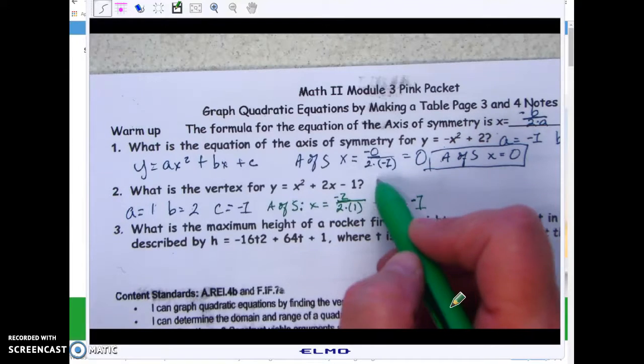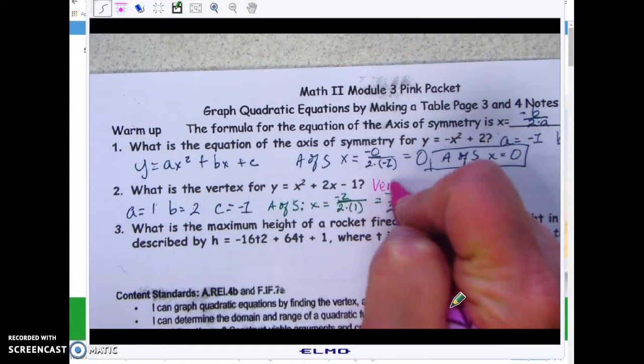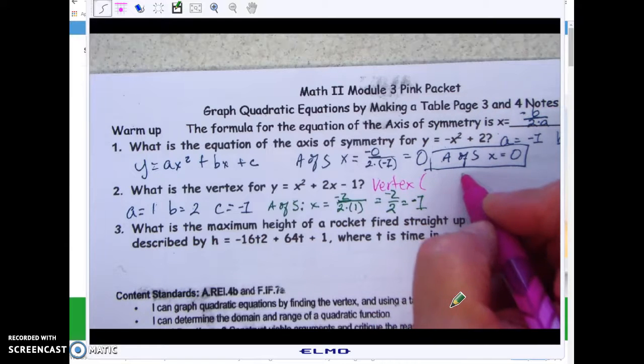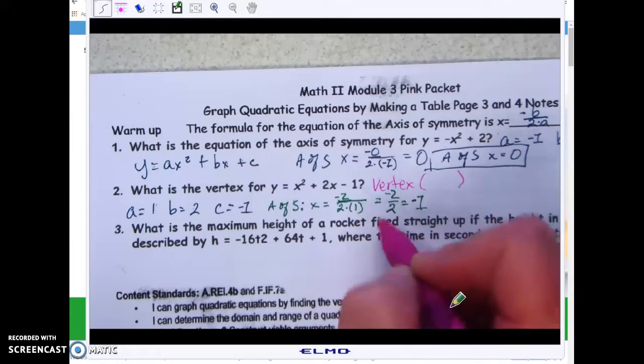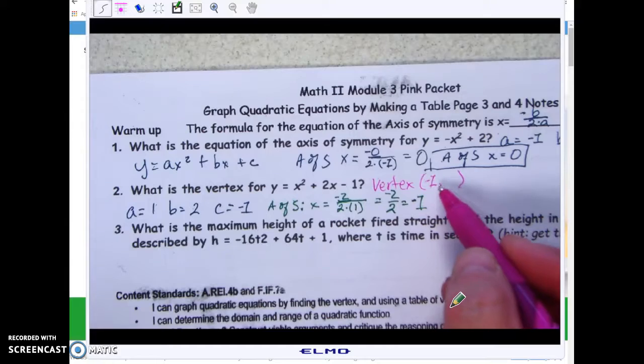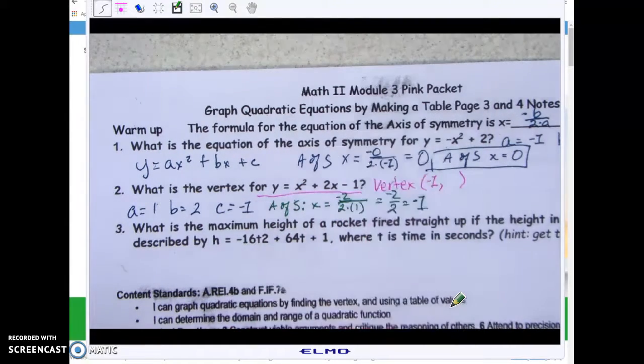Okay, a vertex is an x and a y value. The axis of symmetry is the x. So that goes there. Now I'm going to take that value and I'm going to plug it into this equation, and I'm going to get the y.